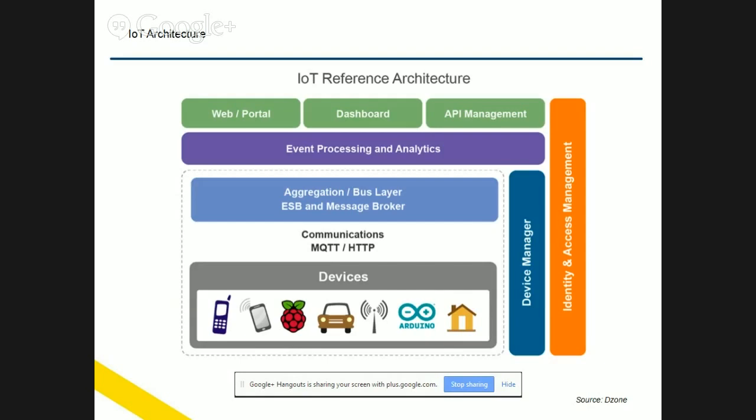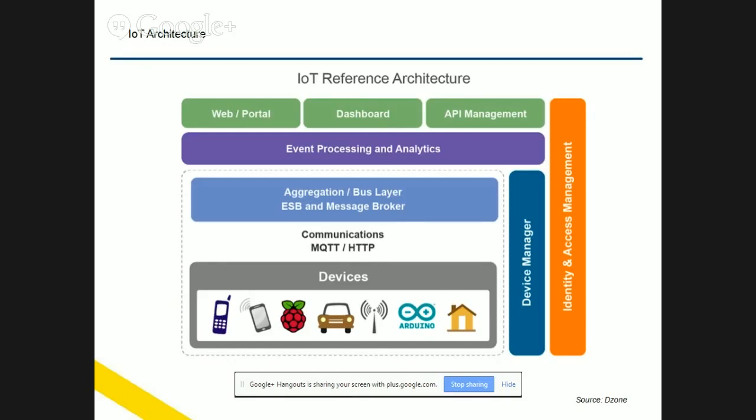It could be a mobile network, it could be a wireless network, or any other kind of network which could be used for this purpose. That forms part of the physical layer. The next thing comes to the protocols associated with transfer of data from these devices to the cloud. So you have a host of protocols which we'll see later, which transfer this data. So here we have an example of MQTT and HTTP.